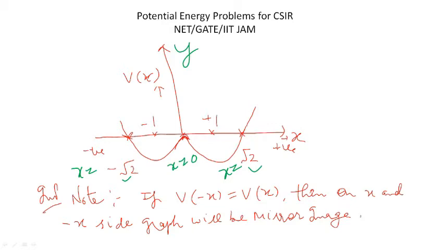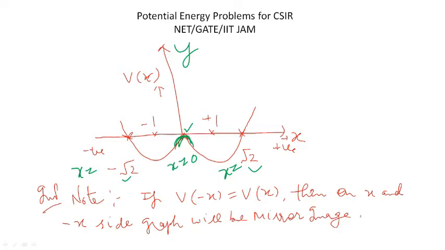When x is equal to 0, you see that your Vx is 0. That means at x equal to 0 you obtain a maximum. So your graph at x equal to 0 will have the reverse U shape, because here Vx is 0, so it will lie on the x line, right?